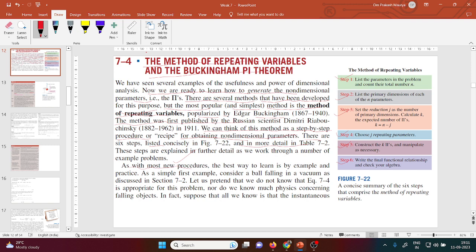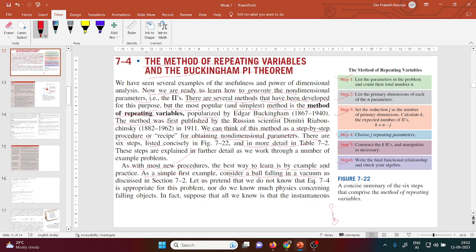As with most new procedures, the best way to learn is by example and practice. As a simple first example, consider a ball falling in vacuum. Vacuum means no air, as discussed in Section 7.2.